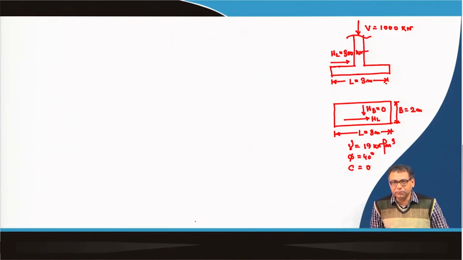Okay. So, sometimes you will find that we test the soil sample in triaxial, and then we get a phi value, and that I want to use. So, that phi value we can use for this case, but if my loading is strip footing, I cannot directly use that phi value for strip footing condition, because strip footing is a plane strain condition, and when you determine the triaxial phi, that is not under plane strain condition.